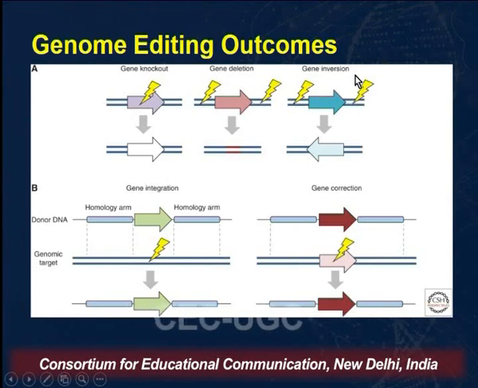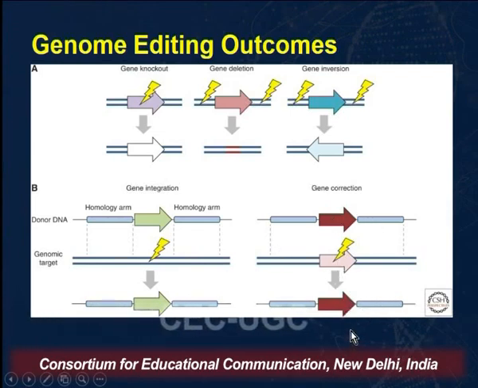So what are the genome editing outcomes that can occur? As you can see, there can be knockouts, replacements, gene corrections, inversions, integrations, and gene deletions.